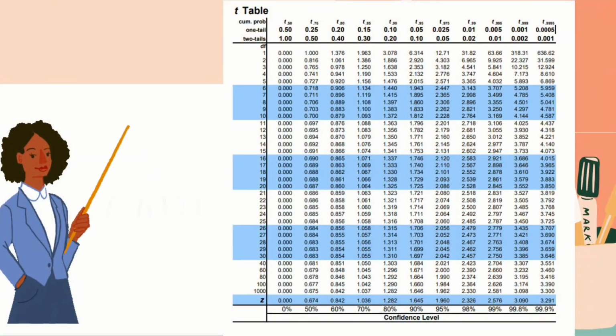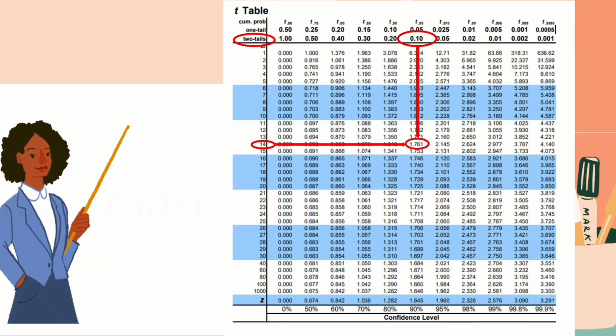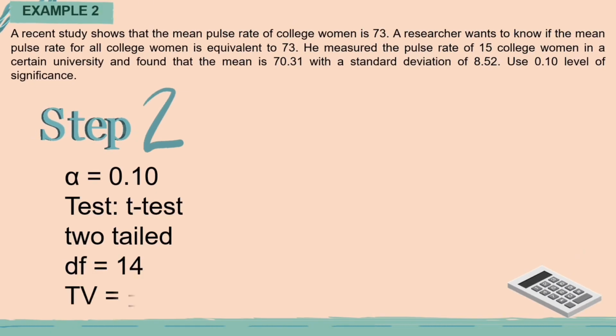Now, let us look at 0.10, two-tailed, and the df, which is 14. Then look at where 0.10 and 14 intersect to find our t-value. So our t-value is plus or minus 1.761.